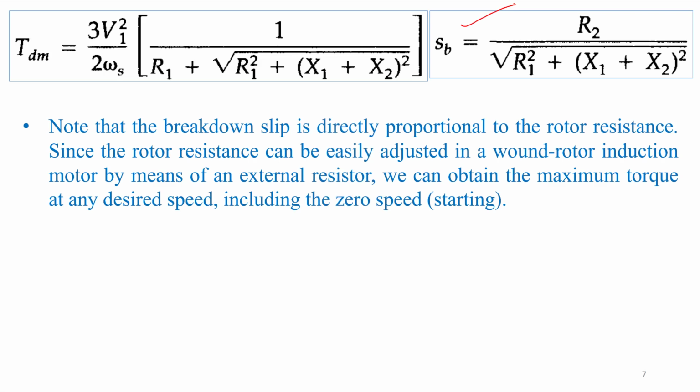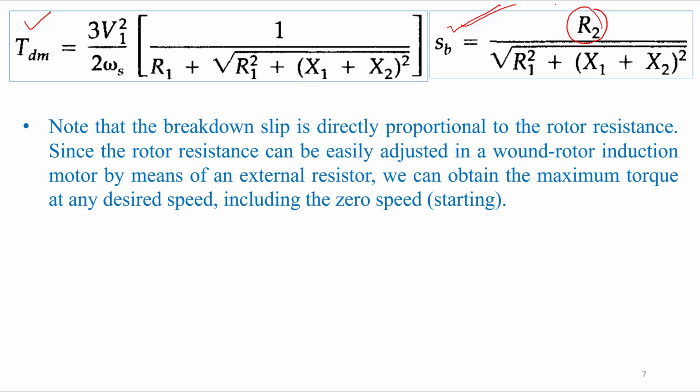So what we are observing from these two expressions, one is your maximum torque equation, and the other is your breakdown slip. Whenever I mention breakdown slip, that indicates the slip at which the torque is maximum. The breakdown slip, what we are observing here, is directly proportional to the rotor resistance. But we know the rotor resistance can be adjusted in the case of a wound rotor motor.